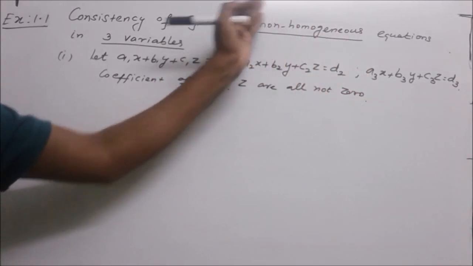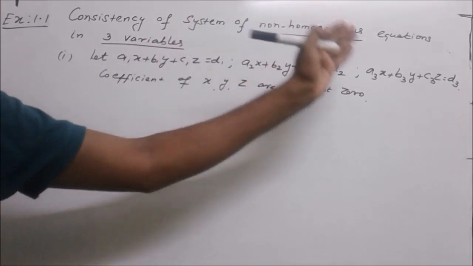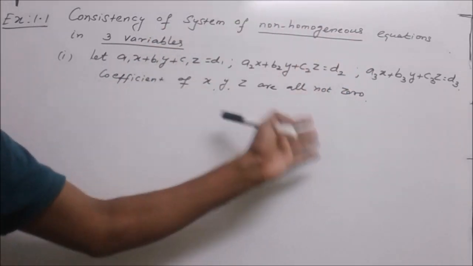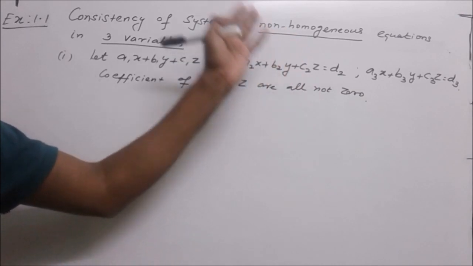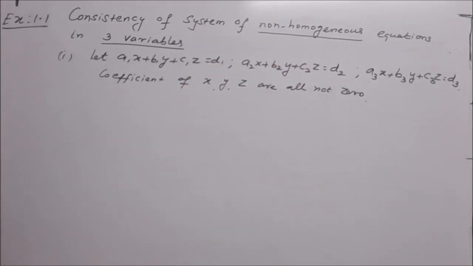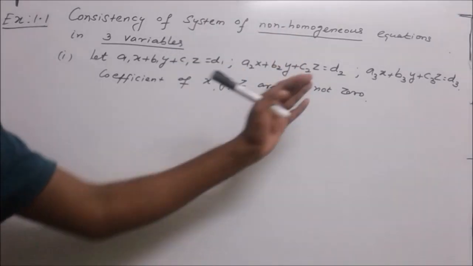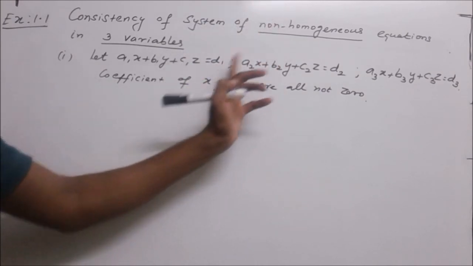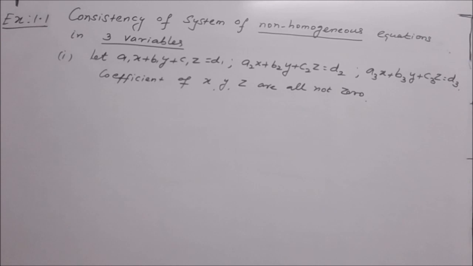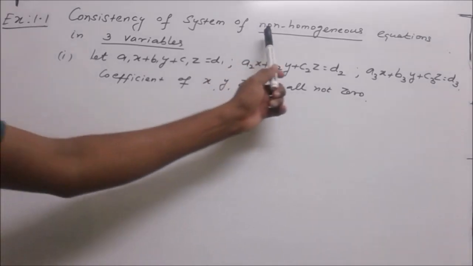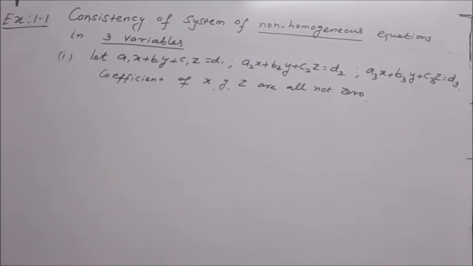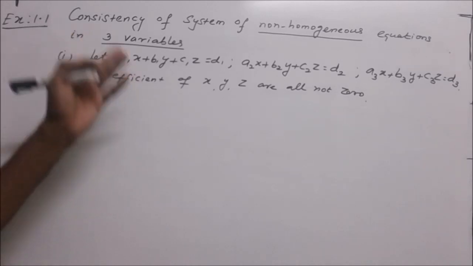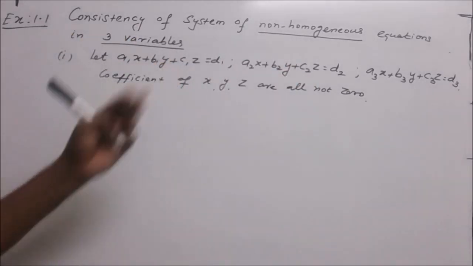Homogeneous is nothing but all the constant terms of the given system of equations are zero. If at least one constant is non-zero in the given system of equations, that is known as a non-homogeneous system of equations. Consider three non-homogeneous equations like this.